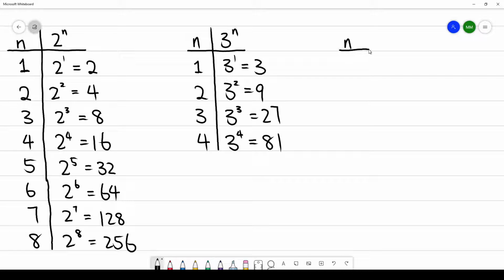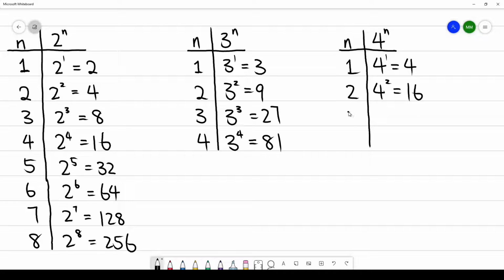And then we go to 4, and then 4 to the 2. 4 to the 3 is 64. And I actually don't quite remember what 4 to the 4 is.